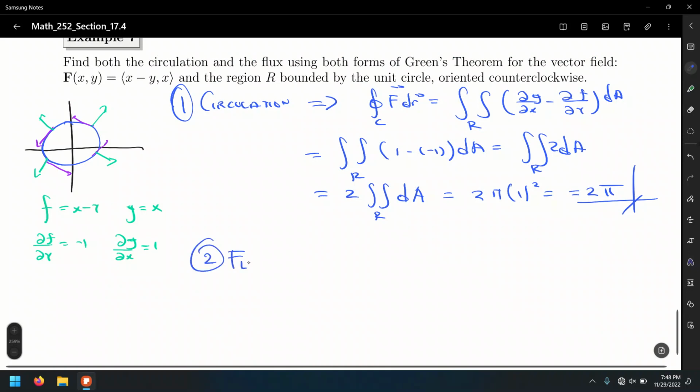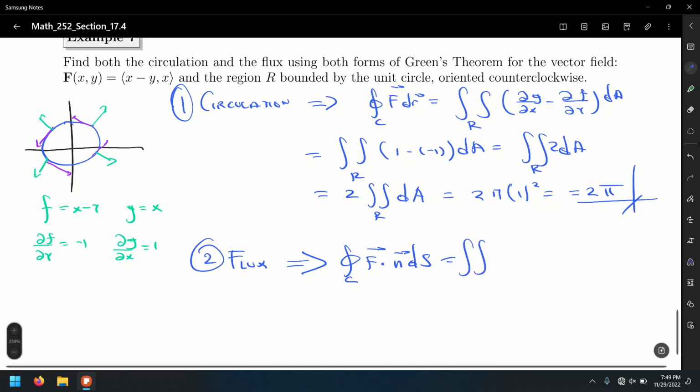So flux. And we're going to look at flux integrals in more detail when we get into surface integrals. I'm not sure if we're going to get into that today. We'll see. So this is going to be the integral of F over the normal components.